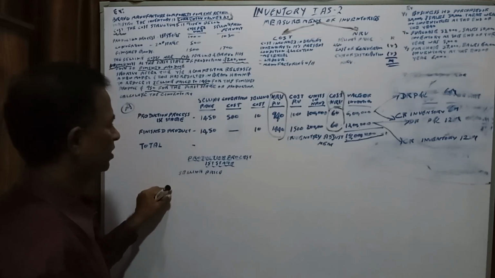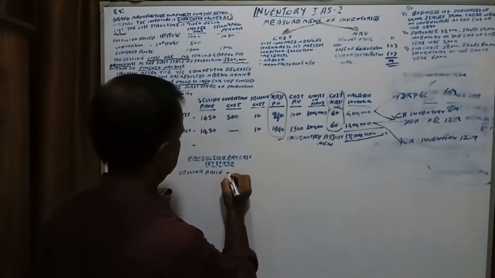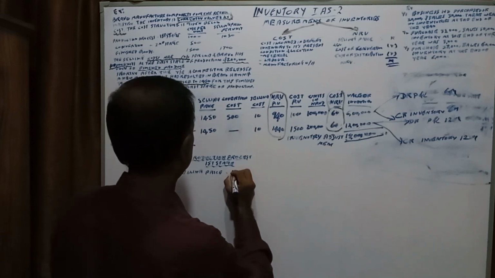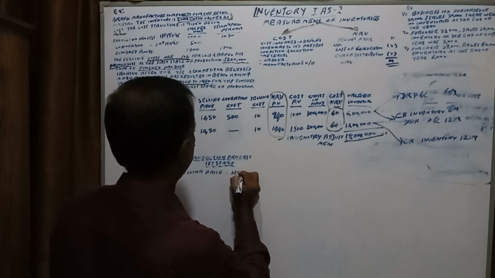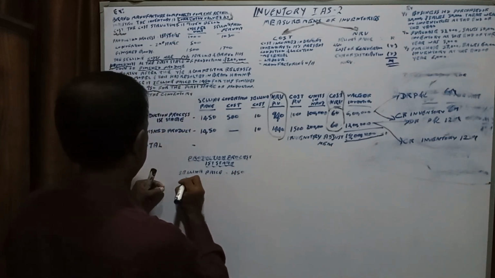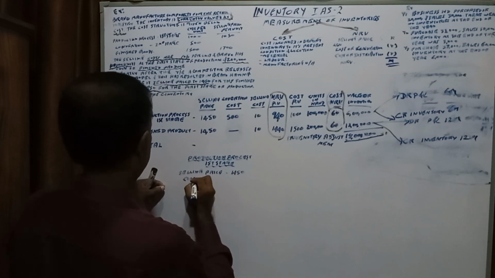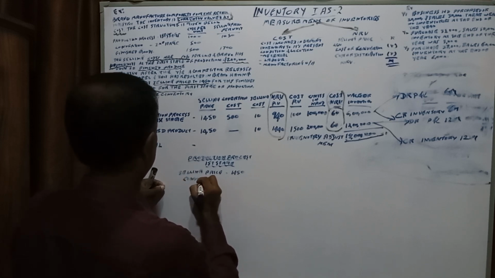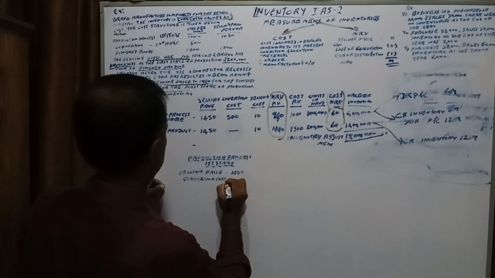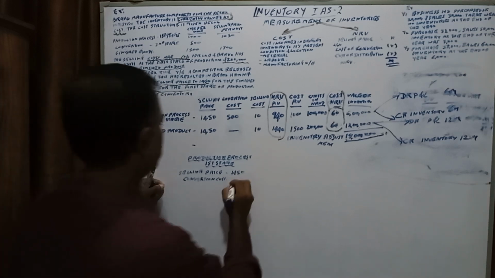Selling price, how much? 1000 in stage 1, 1450. Conversion cost, how much? 500.